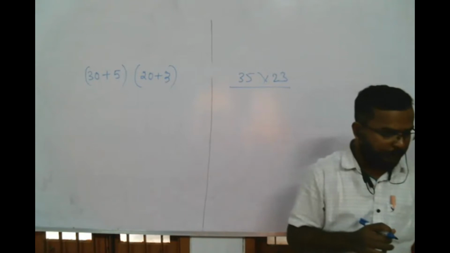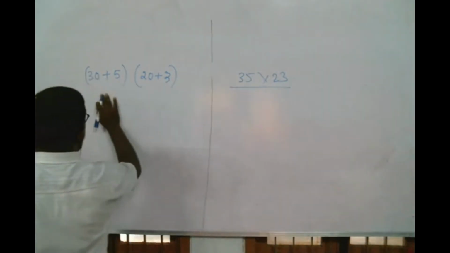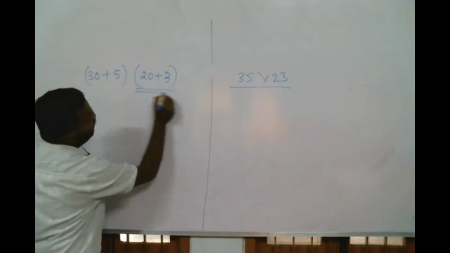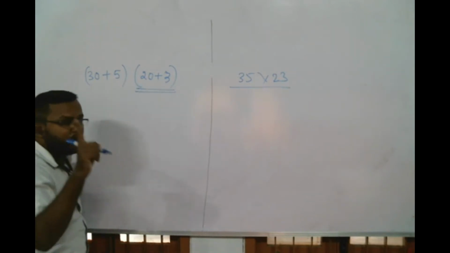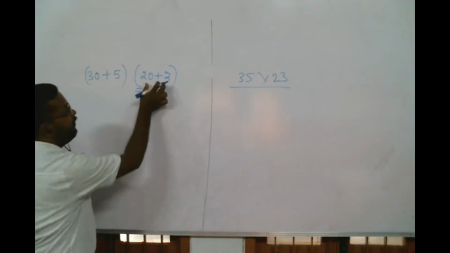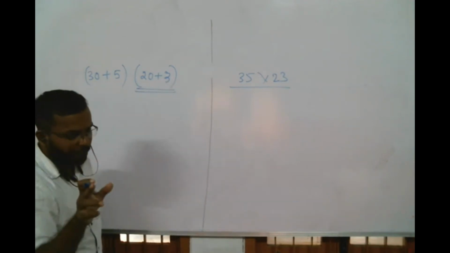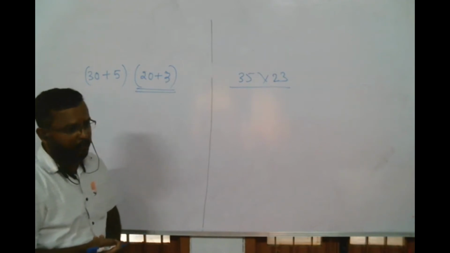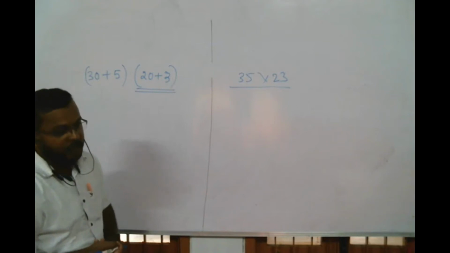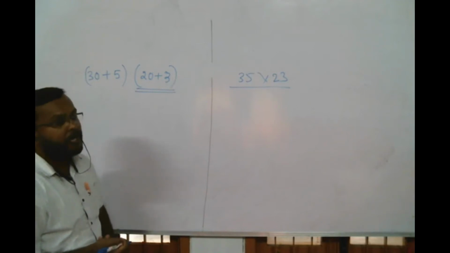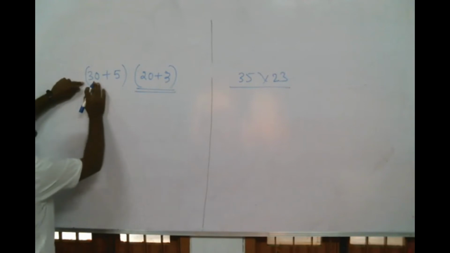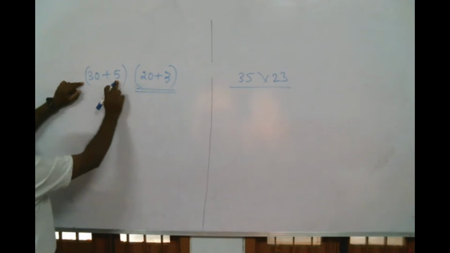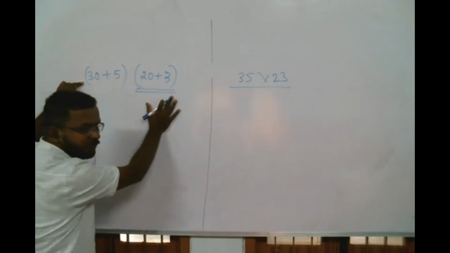So now, according to binomial, this complete term you take as one term. Here we are having binomials, take each as one term. So now we know that whenever we are having distributive property, this 30 we were multiplying with this complete term, and plus 5 we used to multiply with this term, right?